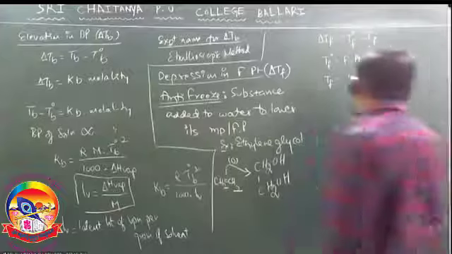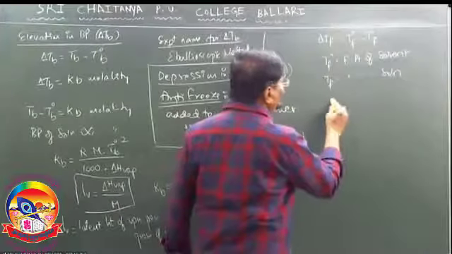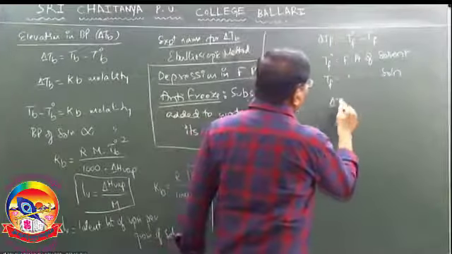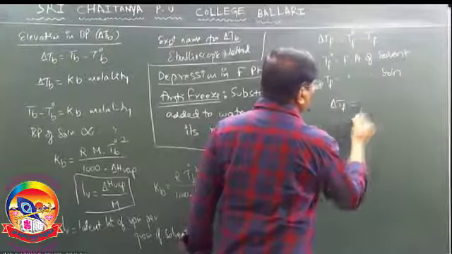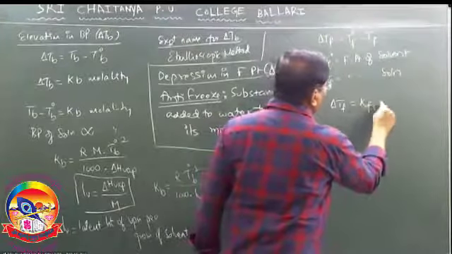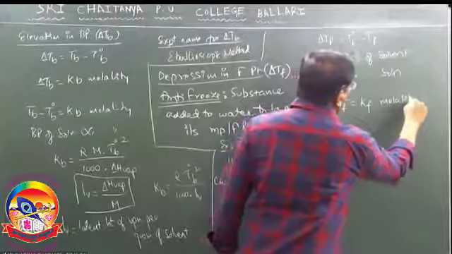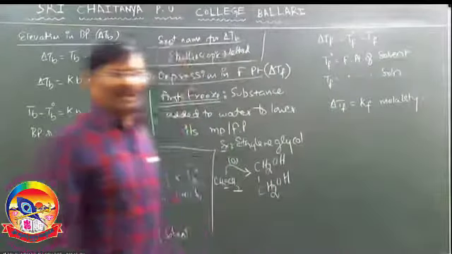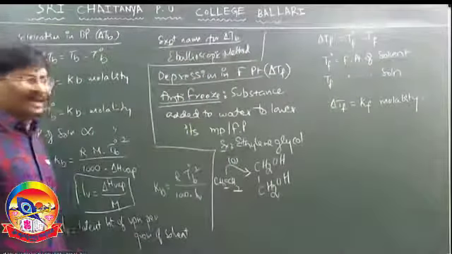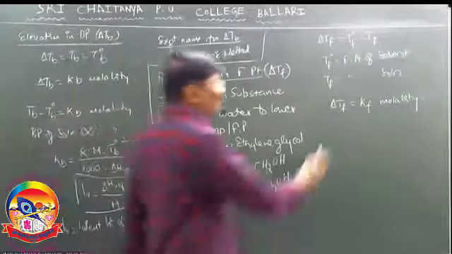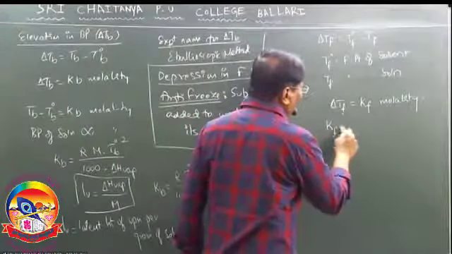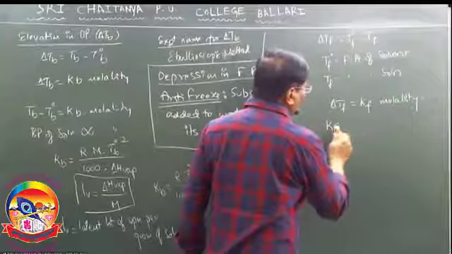Now the formula. Delta TF is equal to KF into molality. Then what is the KF here? For this, we can write like this.